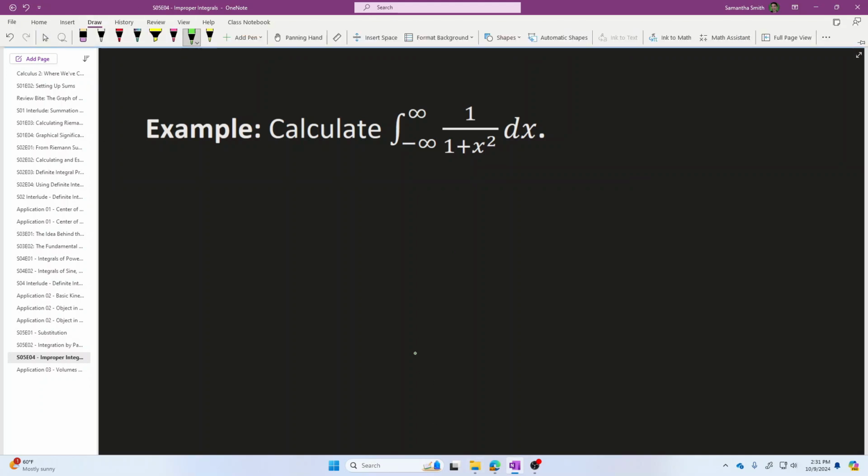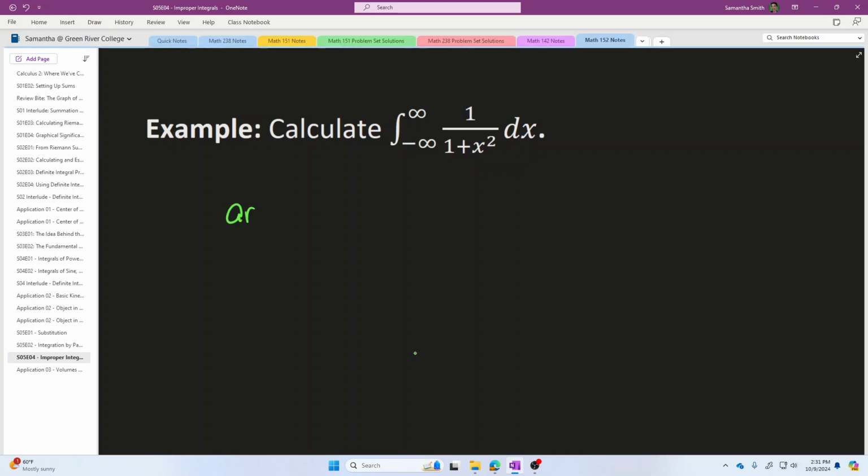So I'm going to start, as always, by finding an antiderivative, which for this integrand, we have a special formula. The antiderivative is arctan. And I'm going to plug in a lower limit called a, and I'm going to plug in an upper limit called b, just as placeholders.